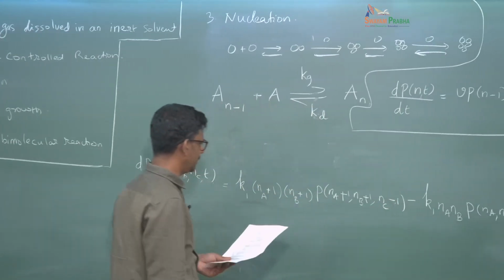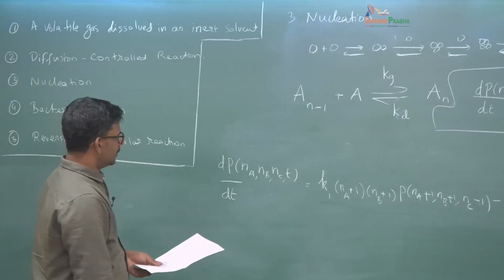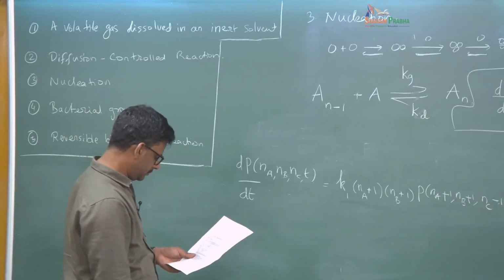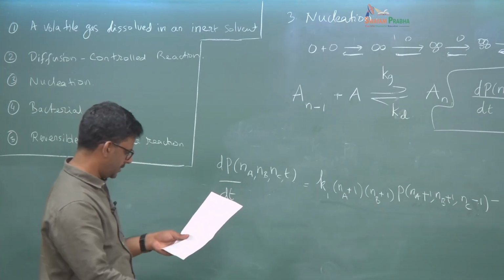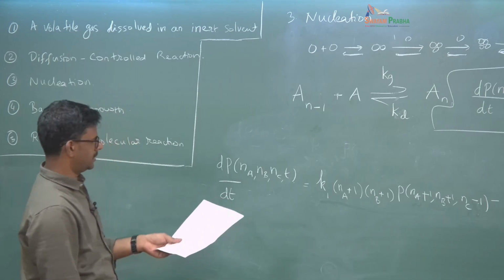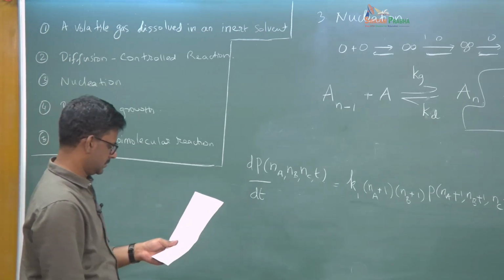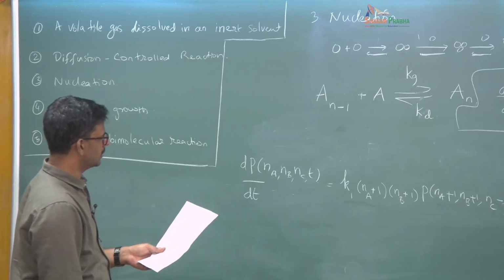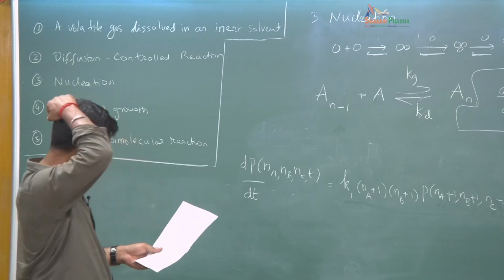Yeah, right. So, that is Na, Nb, Nc, okay, and then K2 with Nc plus 1. Yeah, those other terms are correct.